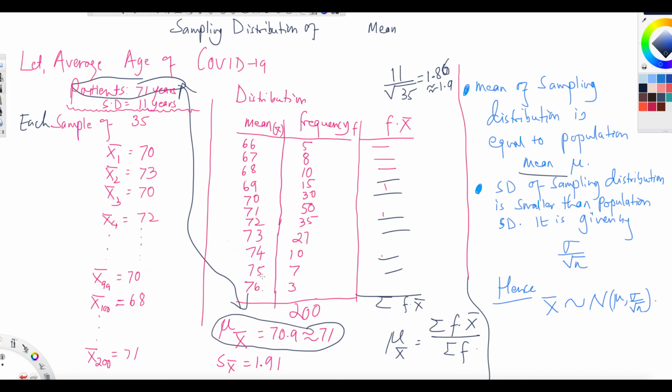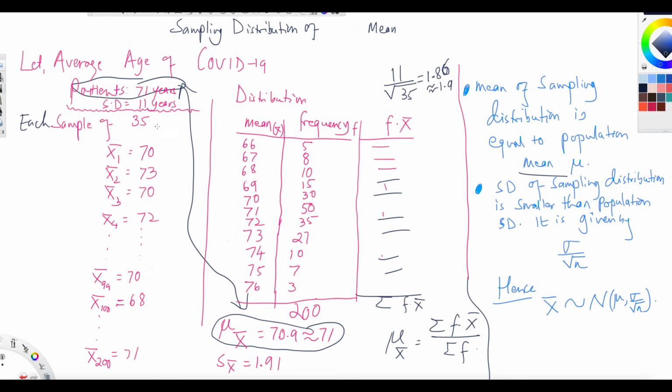What it says is, if you collect many samples of the same size, and you find the mean of each of those samples, and then find the mean of those means, then that mean of the means is equal to the population mean. And if you find the standard deviation of those means, that will be smaller than the population standard deviation.